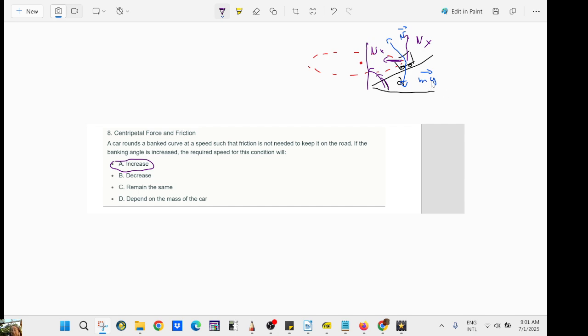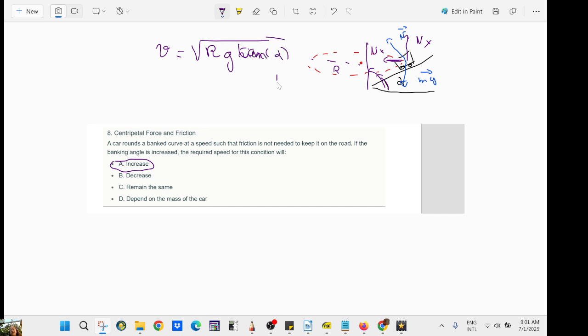Now you can do the math. I'm not sure the math will be for an algebra-based class, or if it will be more advanced. But if you do the math, you see that the required speed, if there is no friction, is going to be the radius r of the circle, g, and then you have a tan alpha.